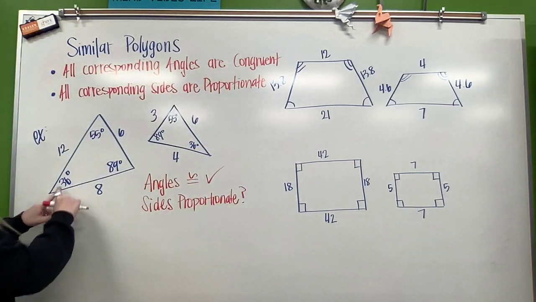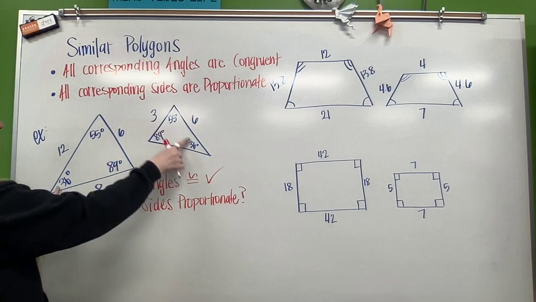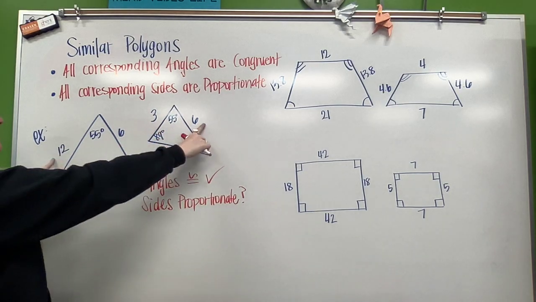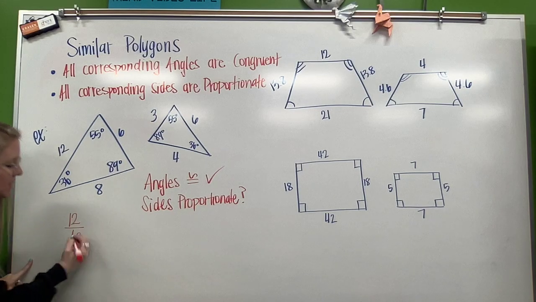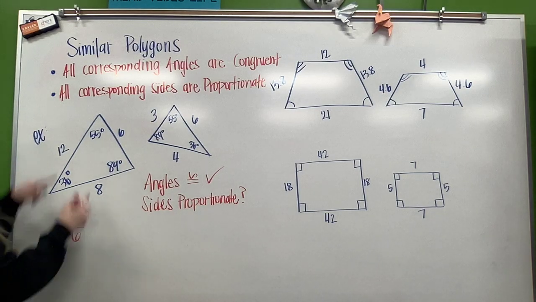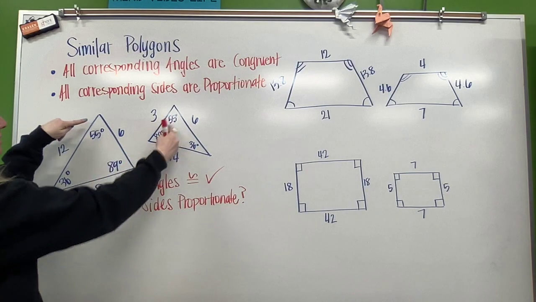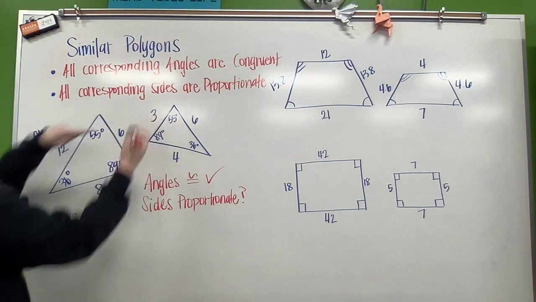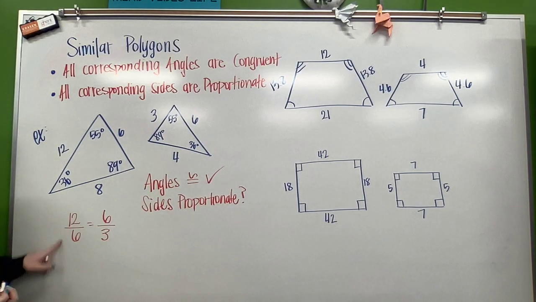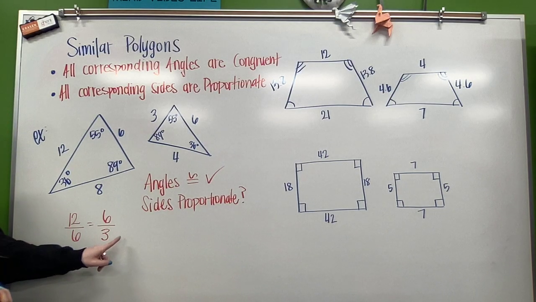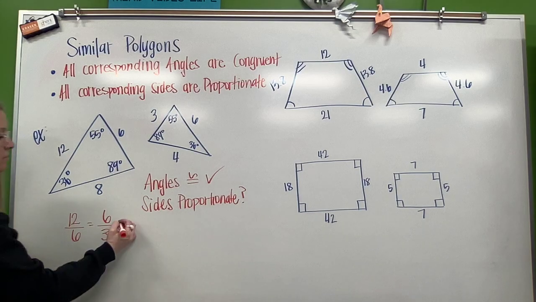If we notice, 36 to 55, that side length is 12 and 6. So I'm going to set them up like a fraction, 12 over 6. Then I have 55 to 89, that is 6 and 3. This fraction has to be equal to this fraction for them to be proportionate.